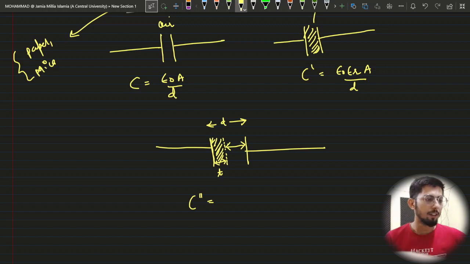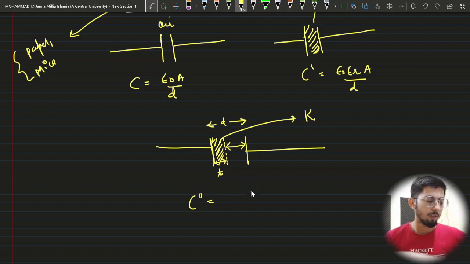Further, it is given that this dielectric has a permittivity of k instead of epsilon r. Epsilon r and k are used interchangeably in books.